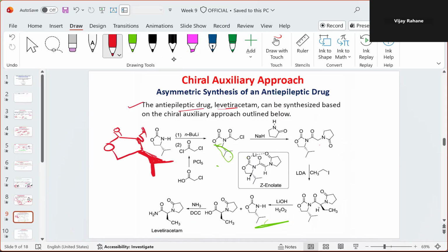In that case, the product formation takes place in the same manner, in which the stereochemistry is mainly directed by the auxiliary part.